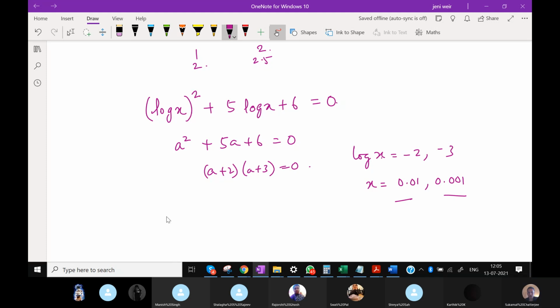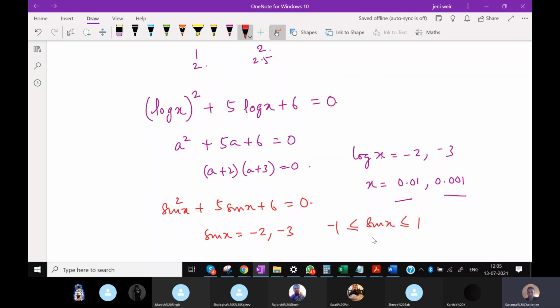Clear? Now, if the same problem is given with sine x, sine square x plus 5 sine x plus 6 equal to 0, that means sine x will come out as minus 2 or minus 3. But sine x has to lie between minus 1 and plus 1.